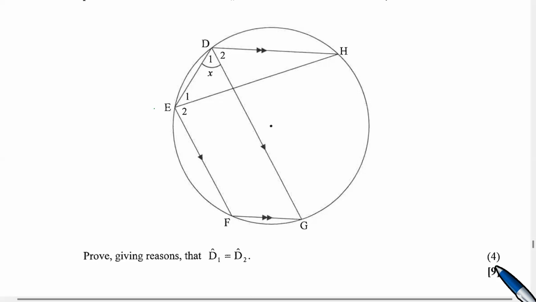Right, first things first, it is obvious to see that angle EFG, because this is a cyclic quad, this angle plus this must be 180 degrees. D1 plus F must be 180 degrees. So EFG is 180 degrees minus angle D1.